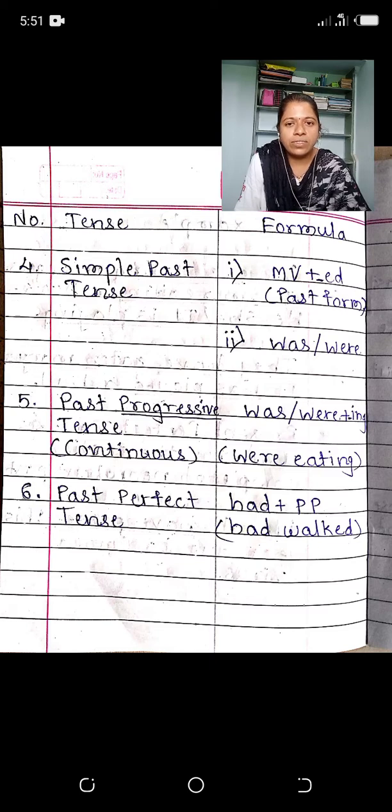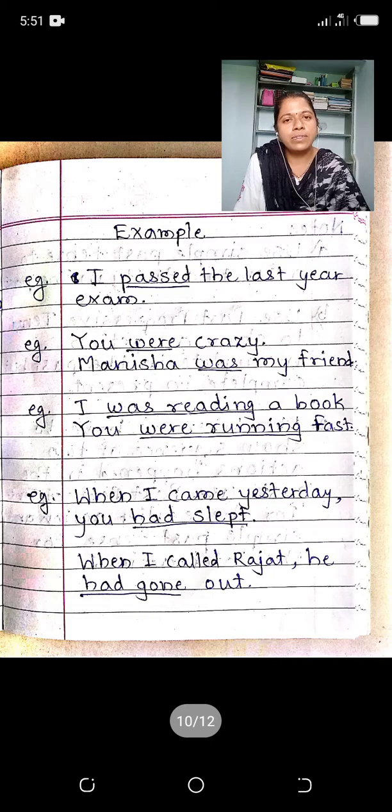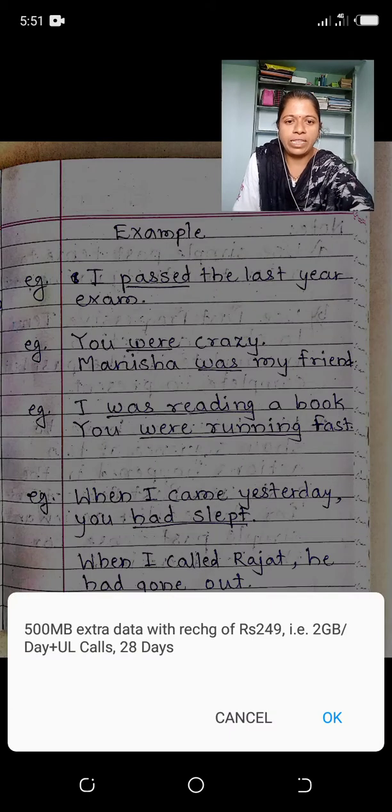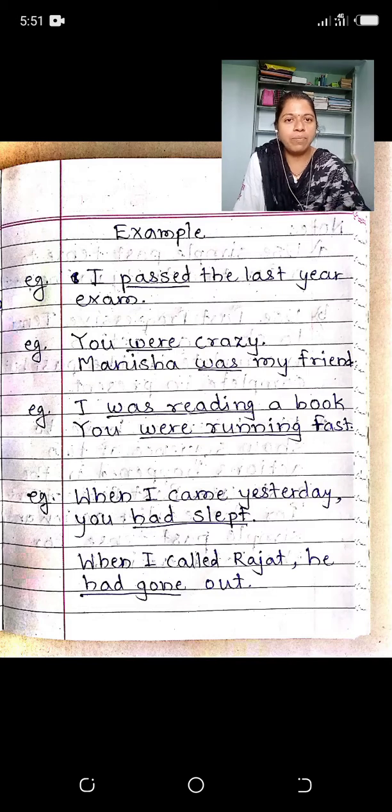And the last tense in past is past perfect tense. Here we have to use just had plus pp, the past participle form of the verb. Had walked, for example. Now see the sentences in past perfect tense. When I came yesterday, it is in simple past. When I came yesterday, you had slept.